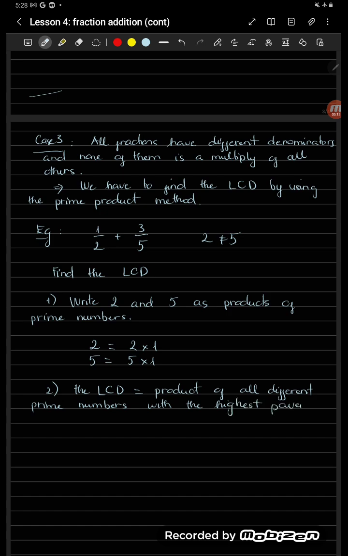So what is the highest power? I'll give you an example.